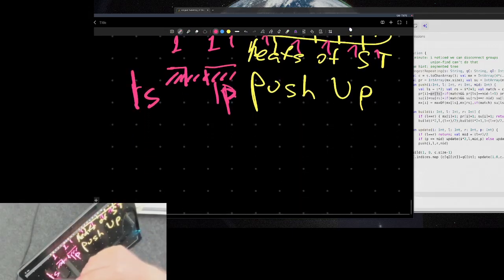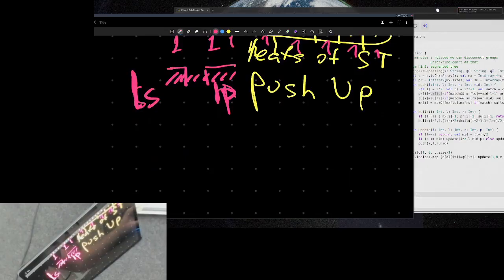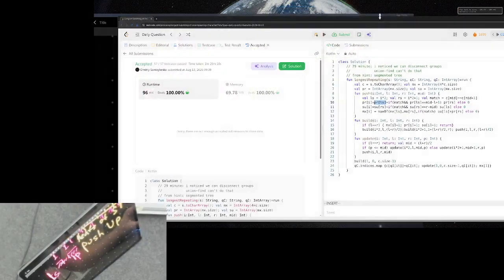No, this is the left suffix. Okay, and this is a right prefix. Oh, sorry, this is a prefix of the left, and this is a prefix of the right. This is the prefixes, by the way.